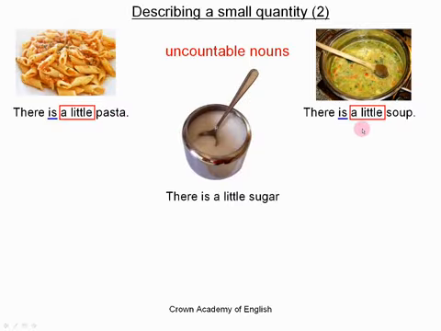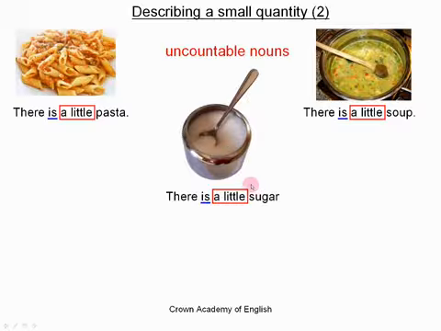And it is the same here. It is an uncountable noun, so we use a little. The noun stays in the singular. There is no S. And the verb is in the singular form. There is.